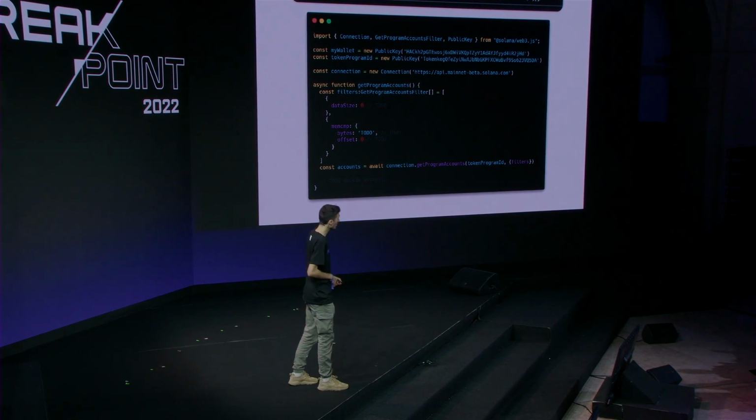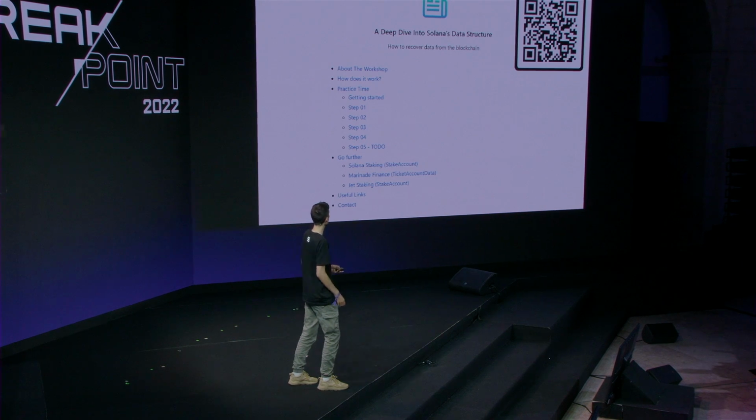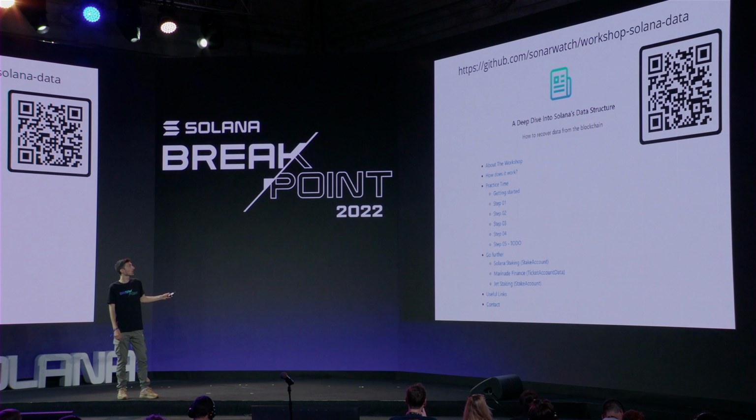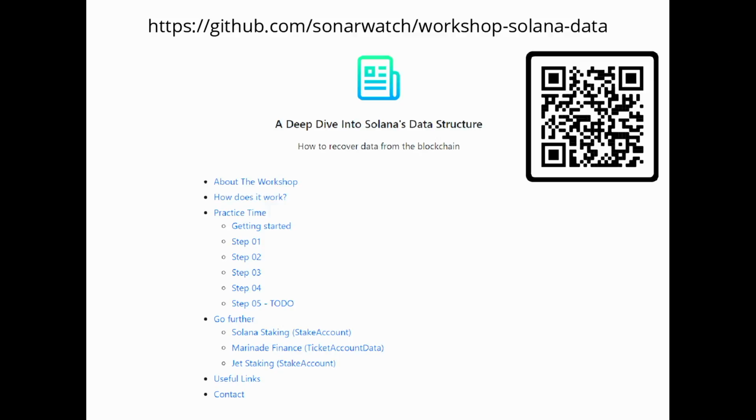This is available on this link. You can also scan the QR code. By following this workshop, you will be able to fetch any data that you want from the blockchain, and you'll also be able to decode this data.